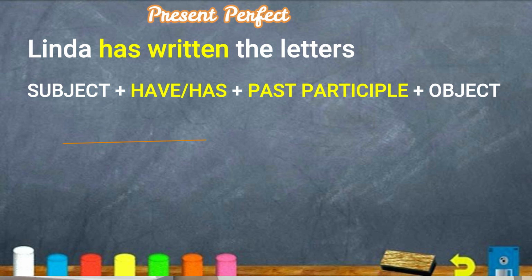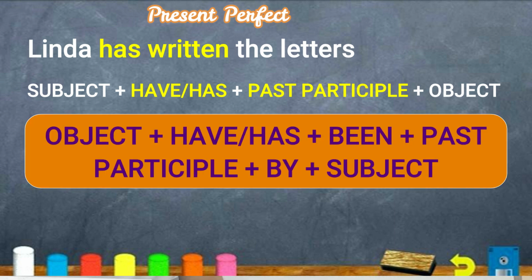So in the passive voice, we take the object and we put it in the beginning of the sentence, and then after the object we need have or has according to the new subject. If the subject is singular, we say has. If the subject is plural, we say have. And then we need the verb to be in past participle, which is been. And then we have the past participle of the verb write. It is written, so it is put as it is.